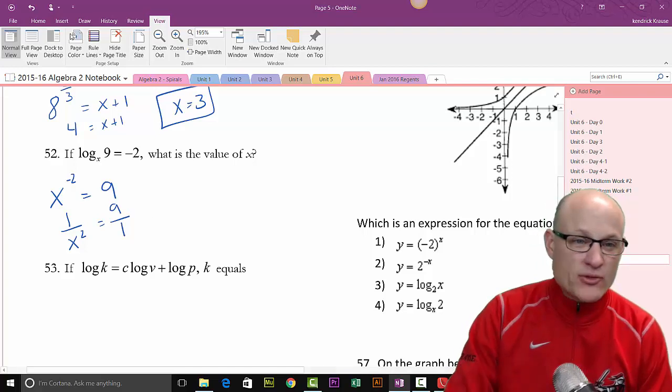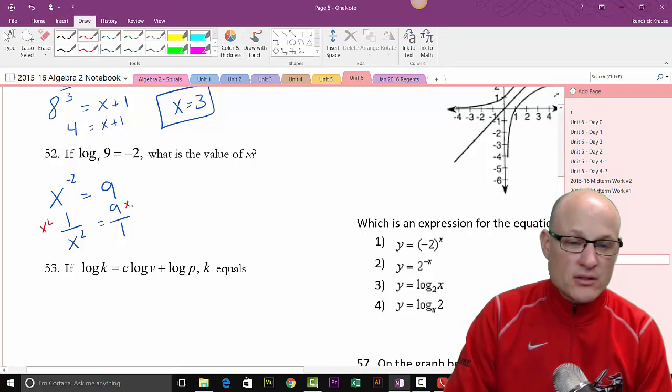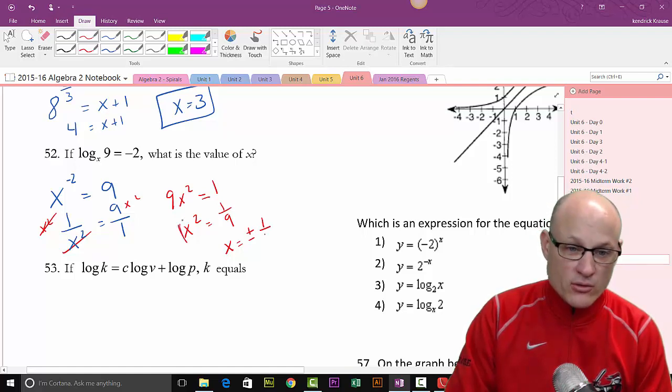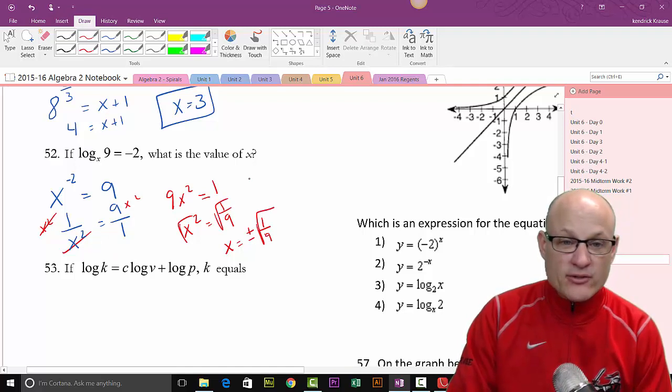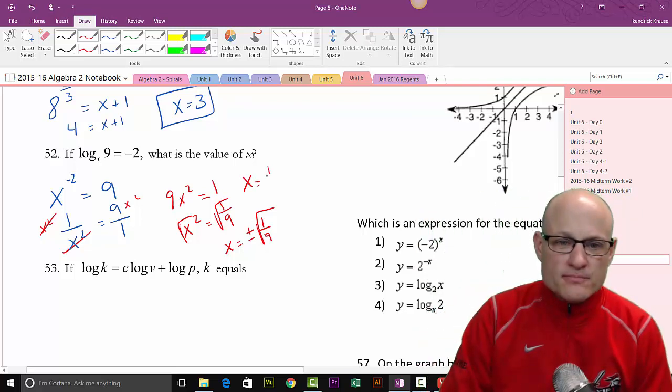Now, if I multiply both sides by the common denominator, which is, in this case, x squared, I get 9x squared equals 1, or x squared equals 1/9, or x equals plus or minus the square root of 1/9. But you can't have a negative number, so the answer is x equals the square root of 1/9, which is 1/3.